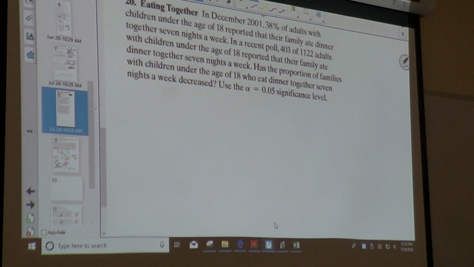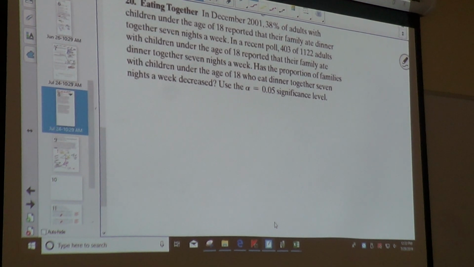Has this proportion changed? So you need to do your H0 and your H1. Go to your table, figure out whether we reject it or whether we keep it. And these are 2 different questions on the test.